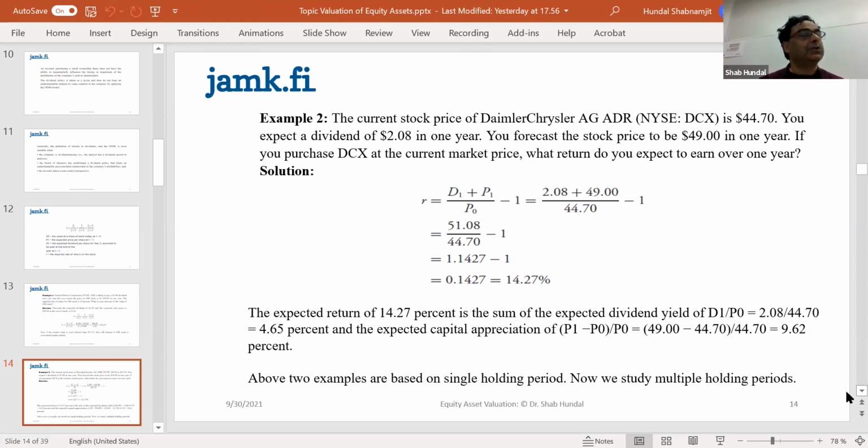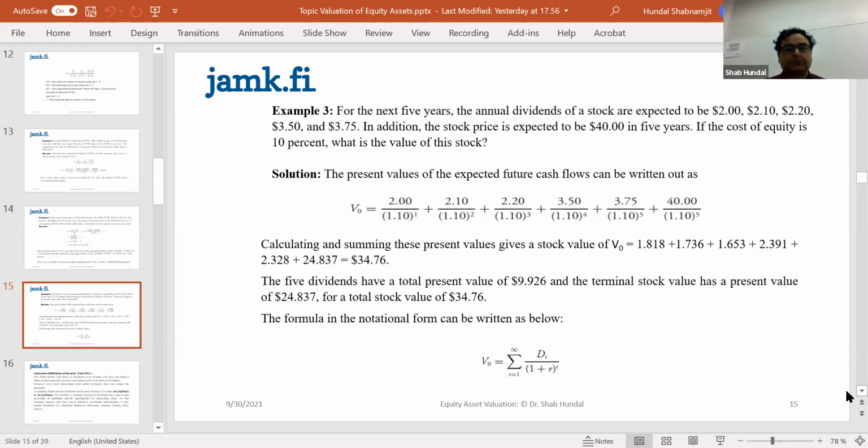So in short selling, you hope that the financial asset would depreciate. But in traditional trading, buy first, sell later, you hope to have appreciation.